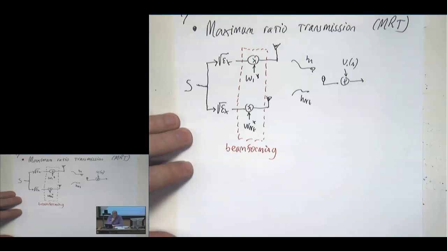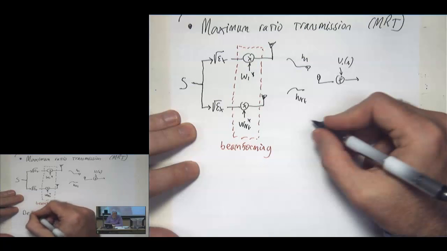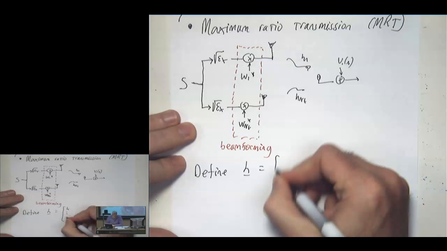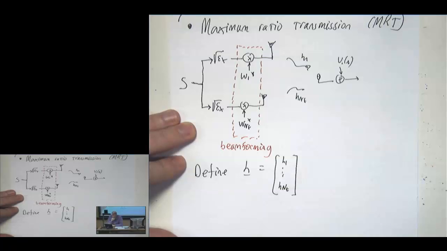What I find convenient to do here, just like we did with maximum ratio combining, is to write everything in vector form. So we're going to define a vector H that has all the coefficients of the channel.